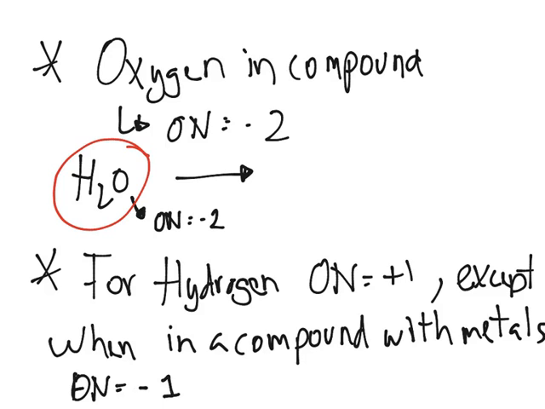Hydrogen is bonded to oxygen and it's not a metal, so it'll have an oxidation number of +1, and the oxygen has a -2.